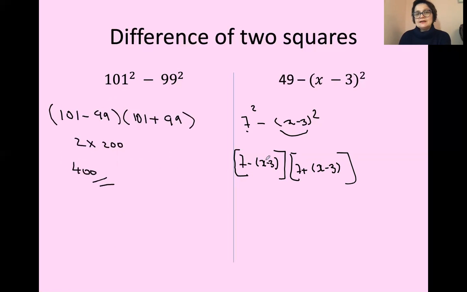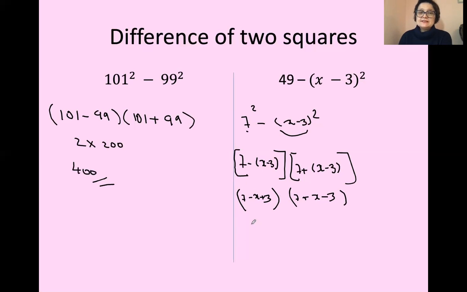Now let's get all the terms inside the brackets outside the bracket. So the first one becomes 7 minus x plus 3, all right? And we don't need the square brackets in this case. And the next one becomes 7 plus x minus 3, close the bracket.